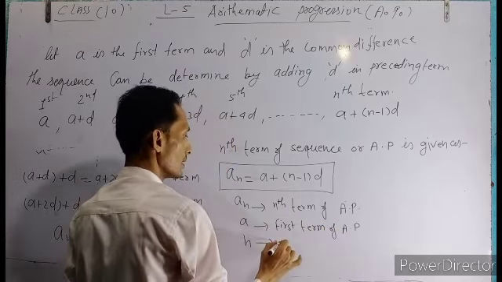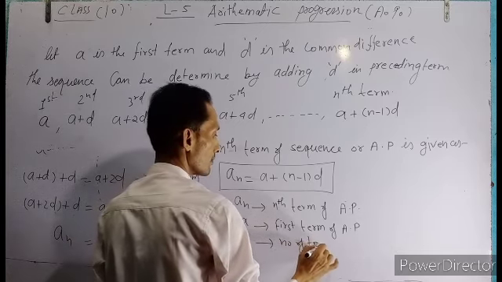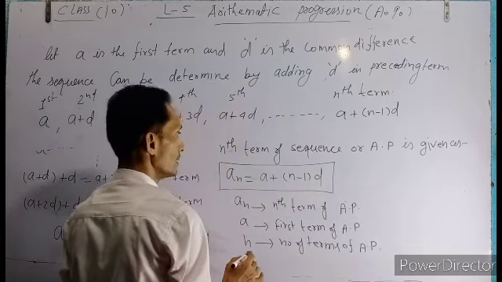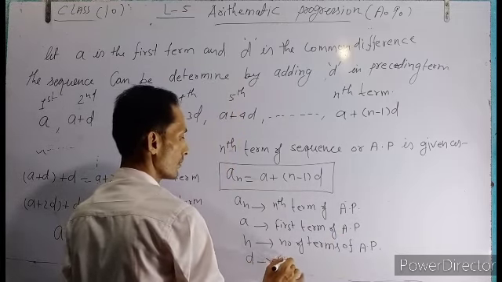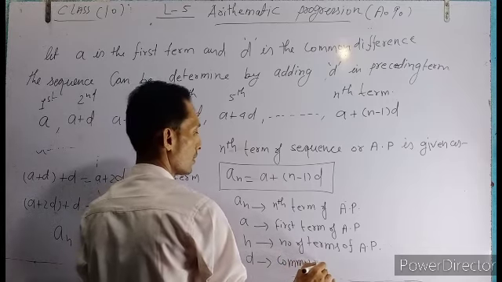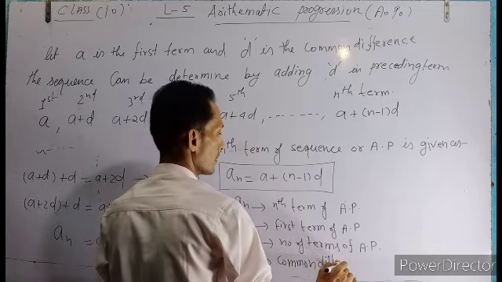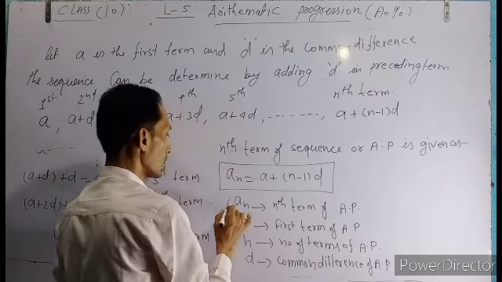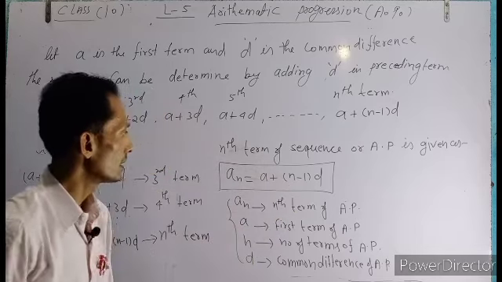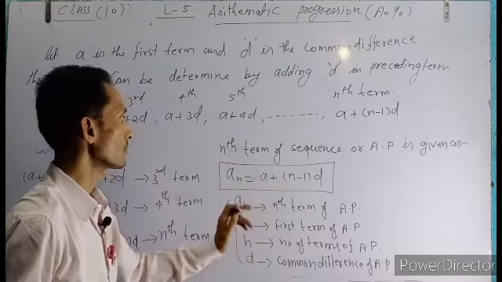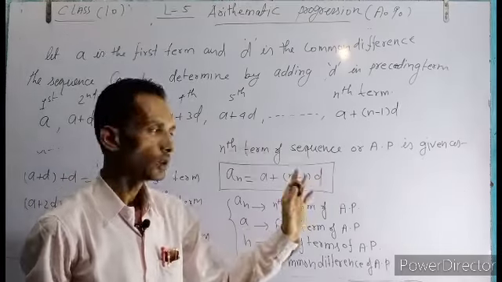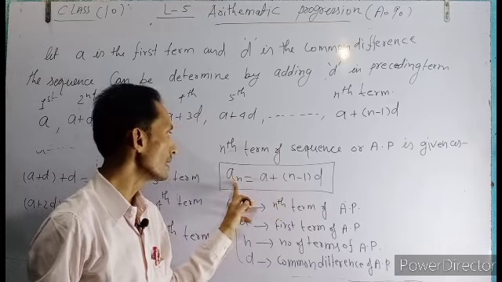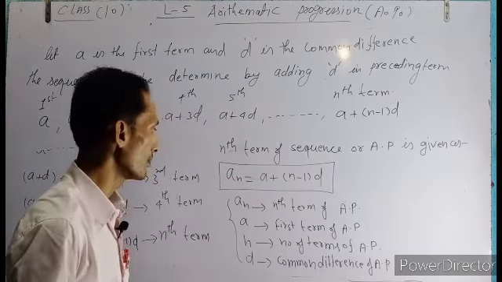N is called the number of terms of AP, and D is called the common difference of AP. Okay, these are all the description of this formula. An equal to A plus n minus 1 into D, where D is the common difference, n is the number of terms, A is the first term, and An is the nth term of an AP.